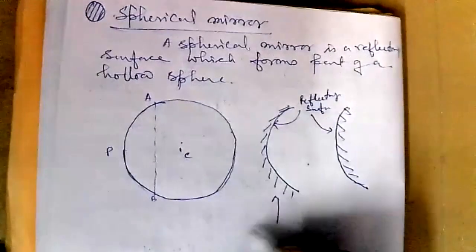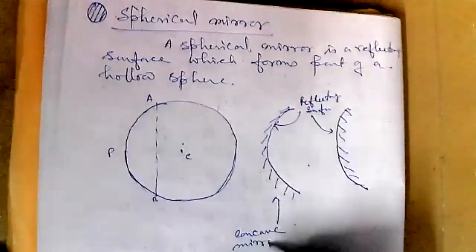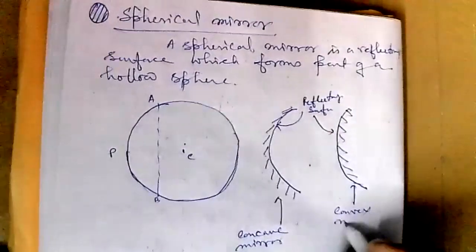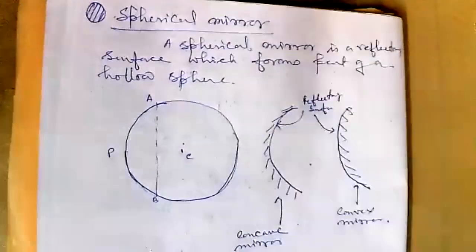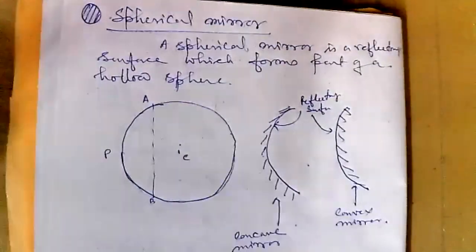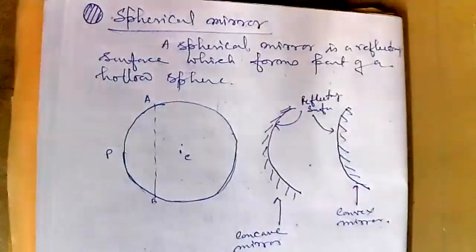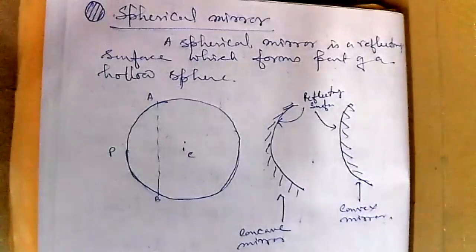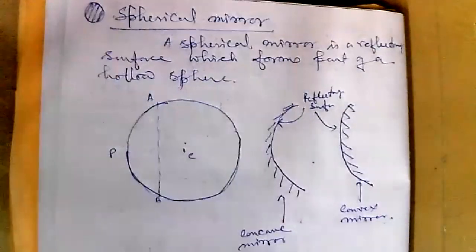So this is known as concave mirror, and this is known as convex mirror. When the reflecting surface is a convex surface, then the mirror is a convex mirror. If the reflecting surface is a concave one, then the mirror is termed a concave mirror. Okay.